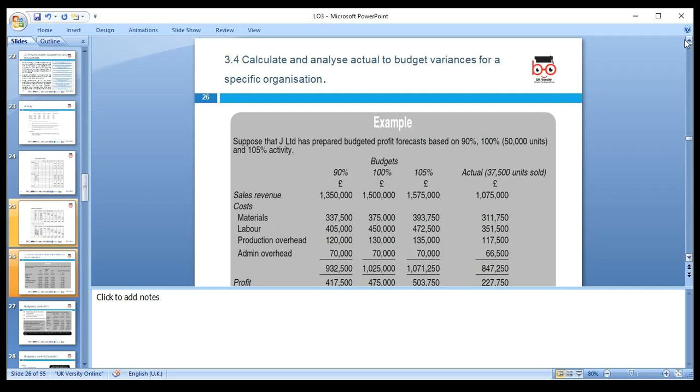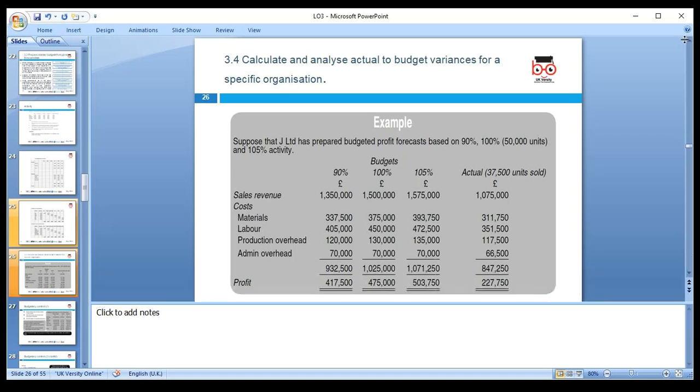This is 3.4, calculate and analyze actual budget and the variance. So what have we been given? We prepare the budget profit forecast based on 90%, 100%, and 105%.